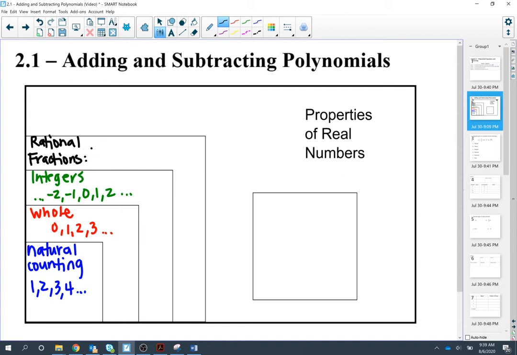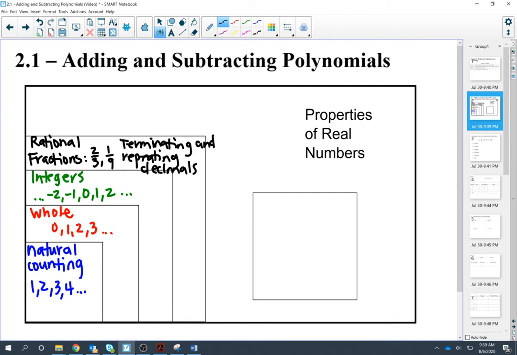So fractions, for example, 2/3, 1/9, 1/2, 5/7, anything you can write as a fraction is a rational number. Also, you have terminating and repeating decimals.